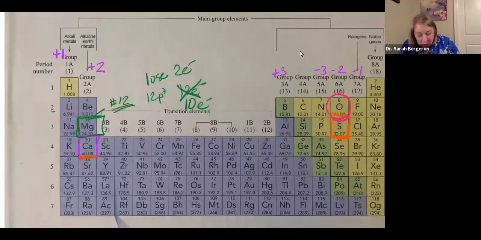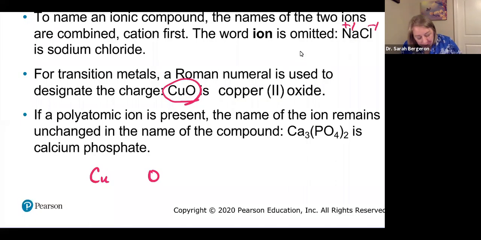Oxygen is in group 6A, so it's going to have a charge of -2. But my copper is a transition metal, so I can't automatically give it a charge. I have to say, I don't know. And I know my oxygen is a -2.